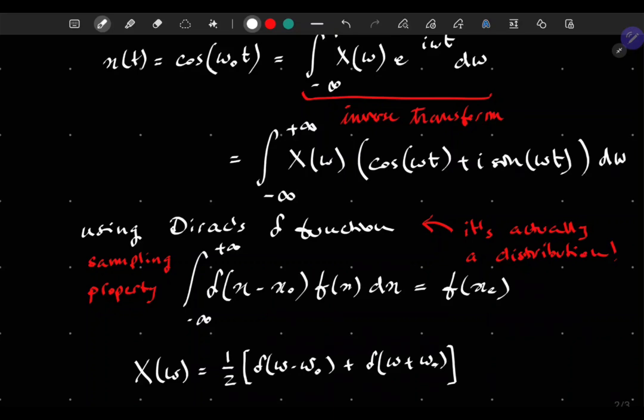And you can verify by yourself that this choice of x of omega returns the original signal when plugged back into the integral we have just written. And we can represent this in terms of the Fourier transform as two Dirac's impulses at the frequencies omega naught and minus omega naught. And note that x of omega is a complex function, so this would be the representation of the magnitude of x.